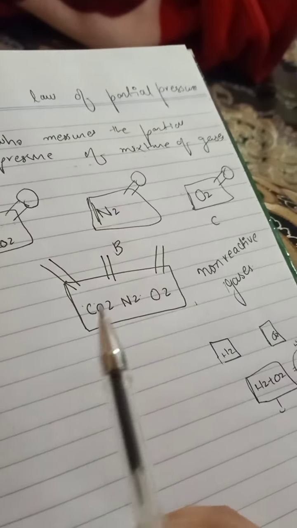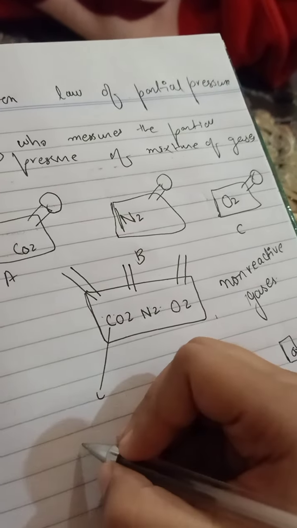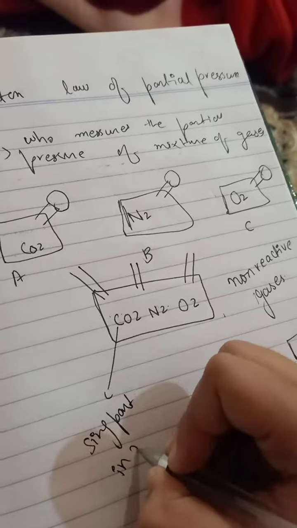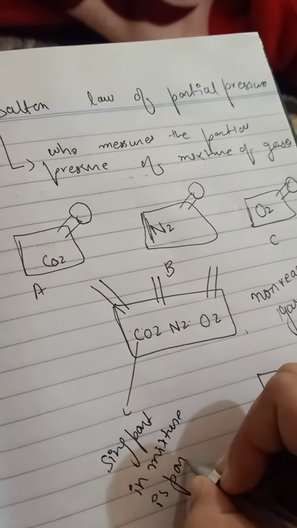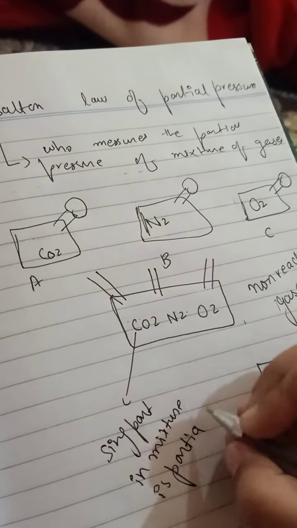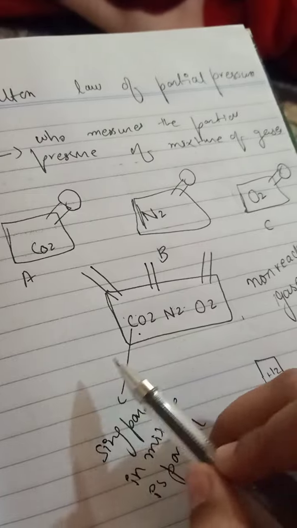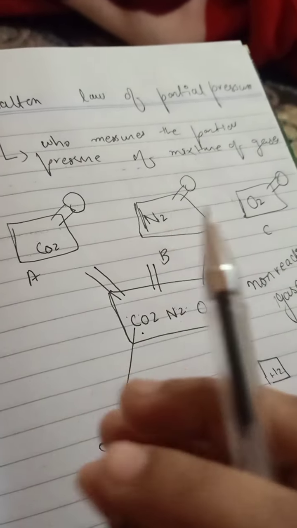So what is partial pressure? A single part in a mixture is called partial pressure, meaning the single pressure of any gas. If we want to find the partial pressure of carbon dioxide, nitrogen, or oxygen, we can find it, but separately.